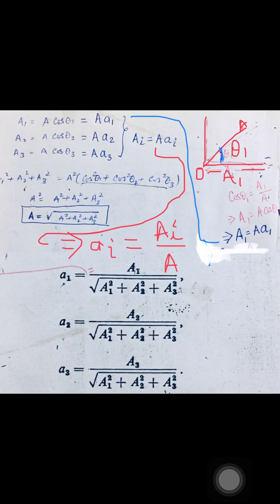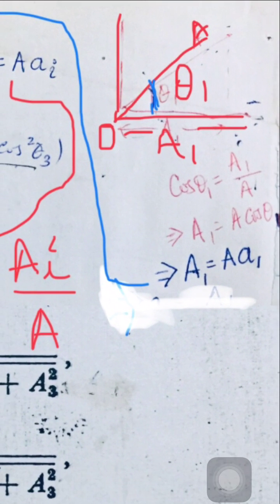We have taken a small part. Let A be the vector making an angle theta 1 and the component is A1. So if we draw a perpendicular from A to that axis, we get cos theta 1 by definition as A1 upon the vector A. When we cross multiply, we get A1 is nothing but A cos theta 1.